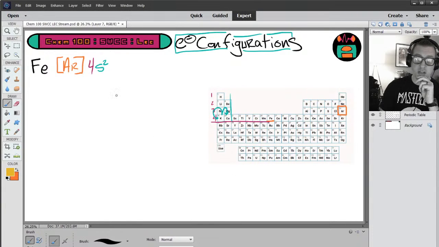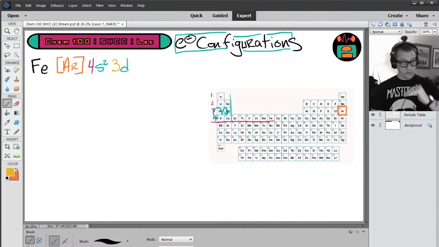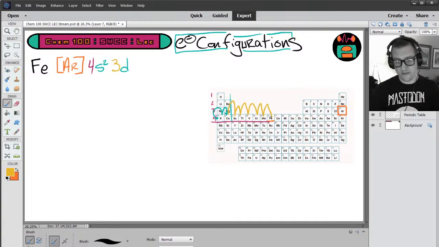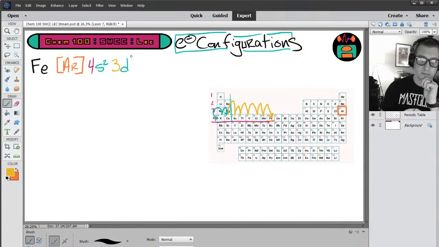And then as we cross over, we are going to drop our energy level down by 1, because the D subshell will always be 1 energy level lower than the S subshell you just filled. So we cross over and we count over to iron: 1, 2, 3, 4, 5, 6.